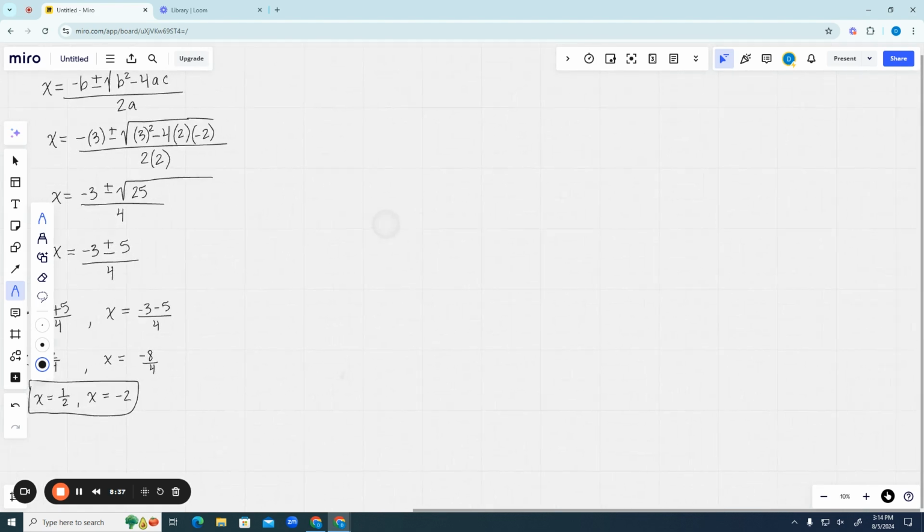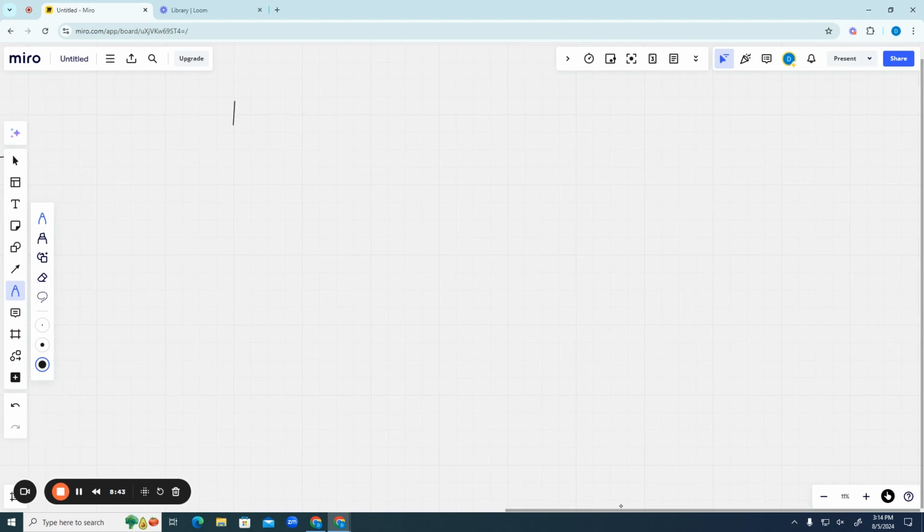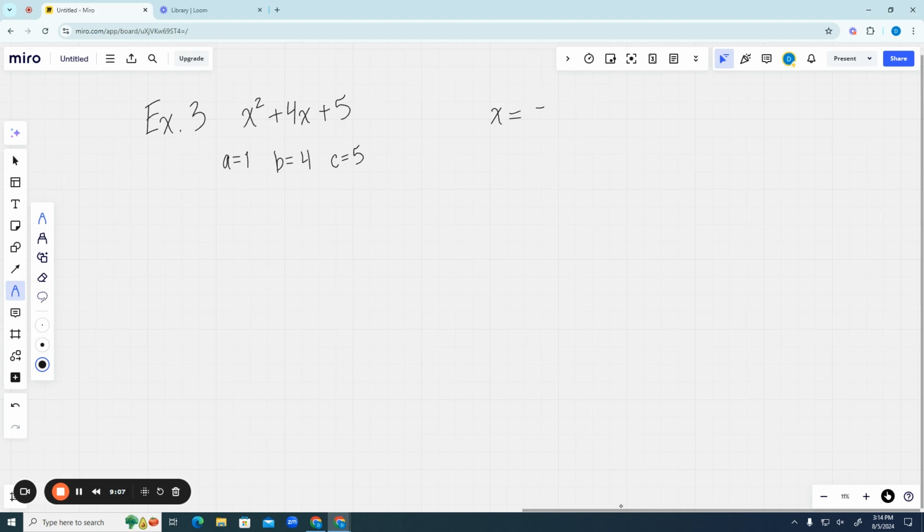And then I have one more example that's just a little tricky, so I wanted to include this one. So my A is 1, my B is 4, and my C is 5. So I need to write my formula. Negative b plus or minus the square root of b squared minus 4ac over 2a.